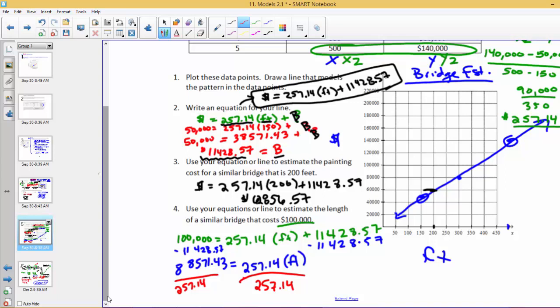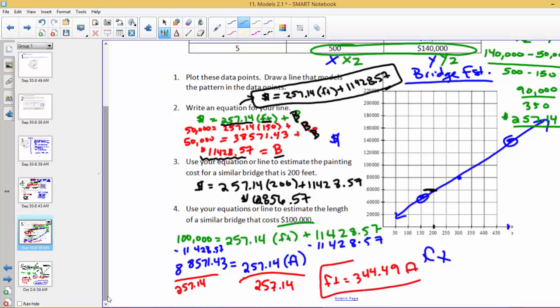So 88571.43 divided by 257.14 is 344.448. So the feet would be 344.49 feet.